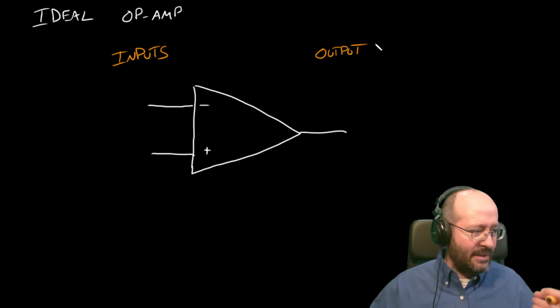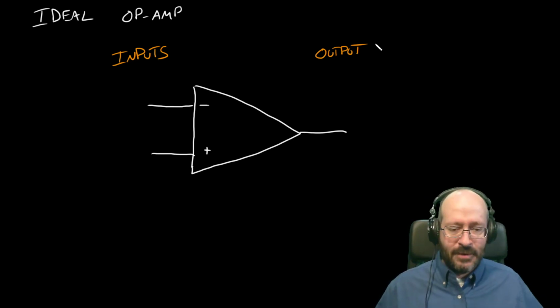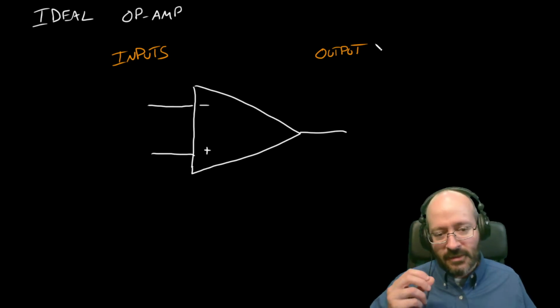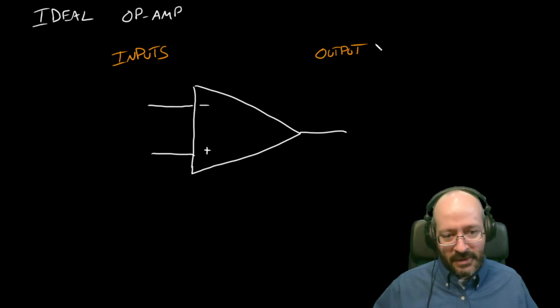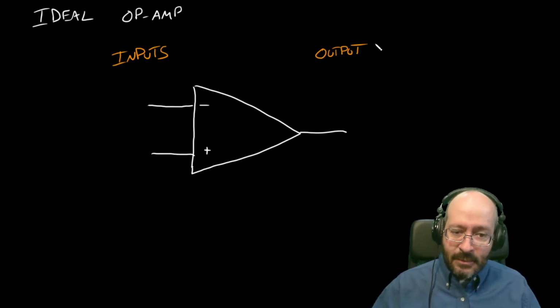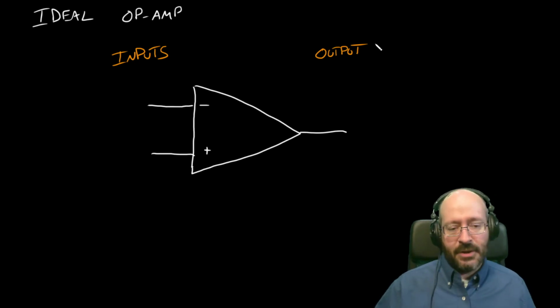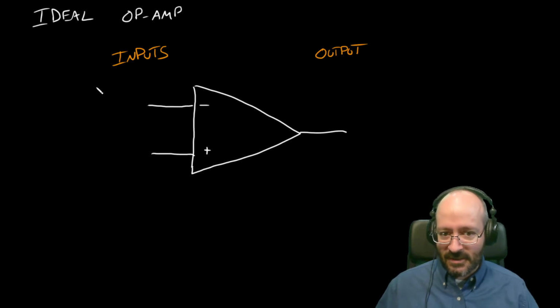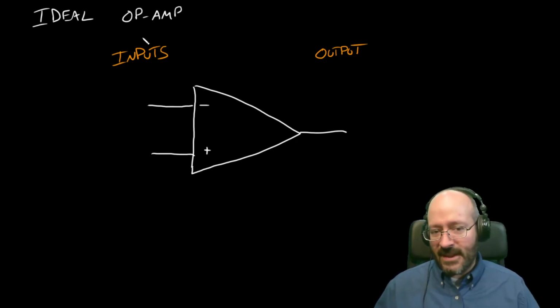If you have your cell phone in your pocket or maybe on your desk, if you have a radio receiver and you have a really small signal coming from whatever the transmitter is, whether it's a Wi-Fi transmitter or radio or something along those lines, there's probably an operational amplifier in it. It's taking the information and the signals, voltages and currents on the inputs.